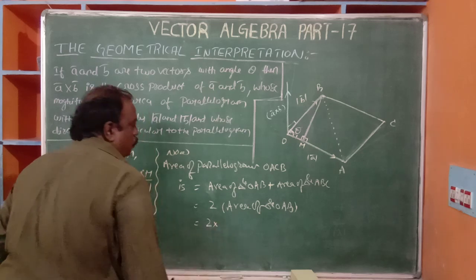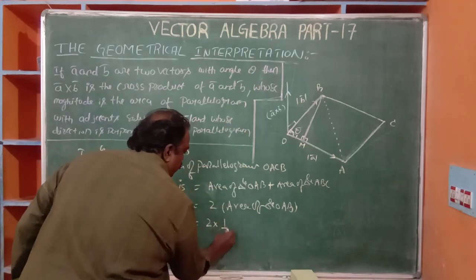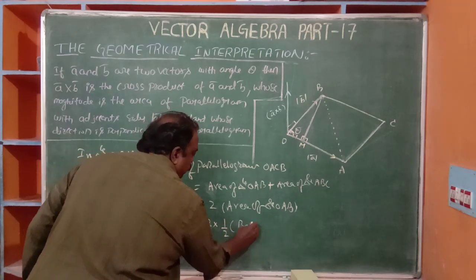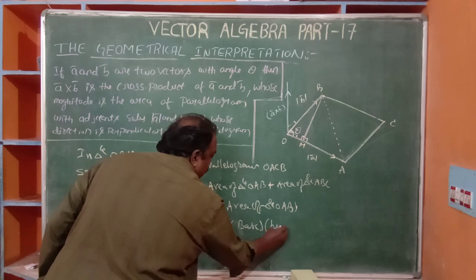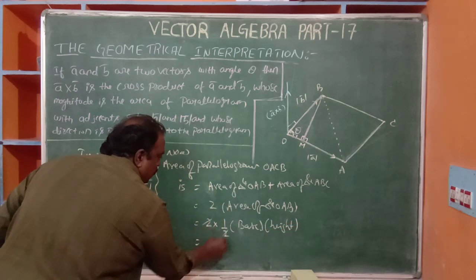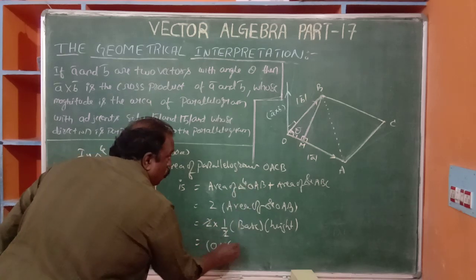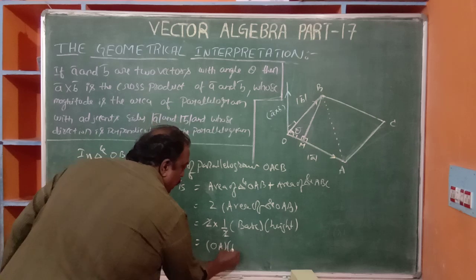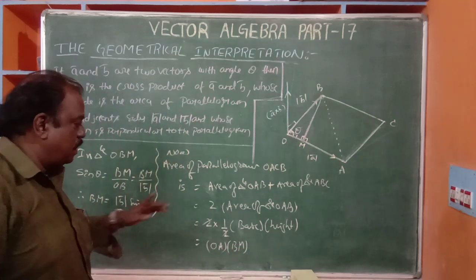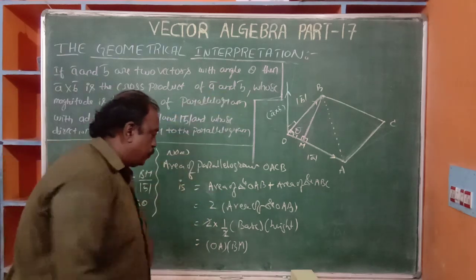It is half base into height. What is the base? OA. What is height? BM. Is it clear? OA is base, height is BM.